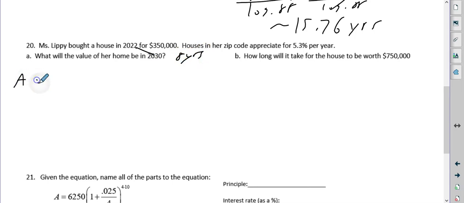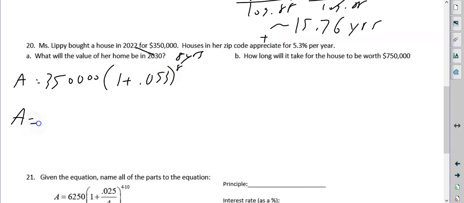So future value, 350,000 times (1 plus, because it appreciates, 0.053) to the power of 8. That means in 8 years, it should be worth $529,047.92.